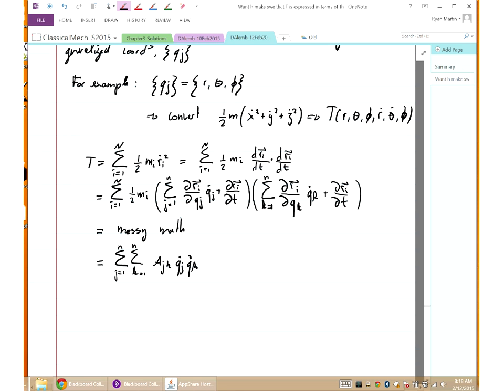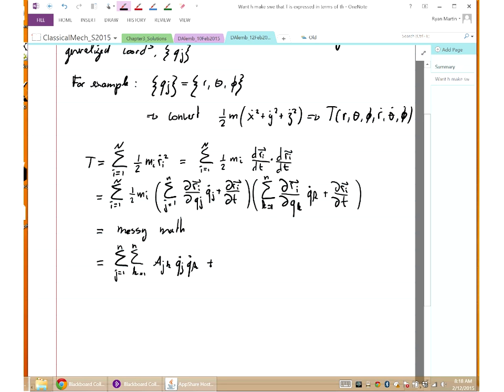That is the result of multiplying a half m_i, the first sum term, and the second sum term. It's going to have a q_j dot and a q_k dot in it, and some complicated thing out front, which I'll just call a_jk.